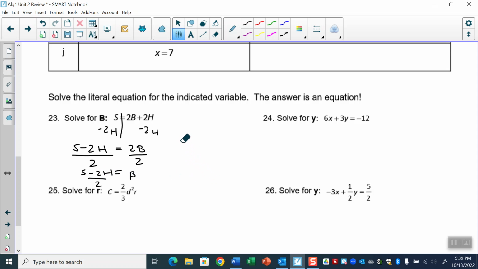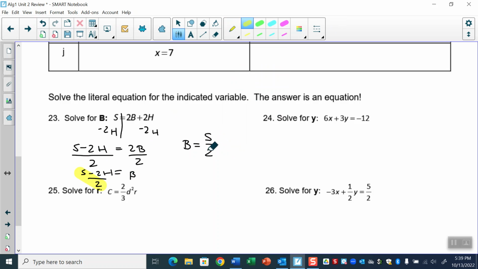All right, and you might even be able to split that apart. You could say B equals, using my symmetric property, I'll put B on the left, and that would be S over 2, right? Because I'm going to divide the S by 2.